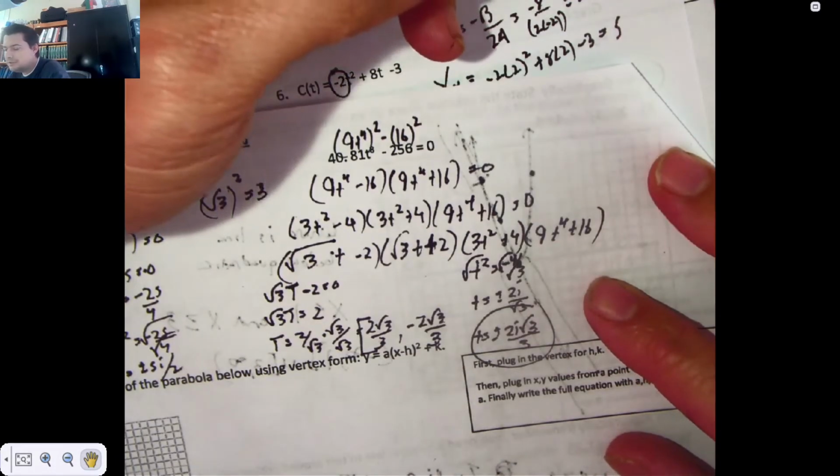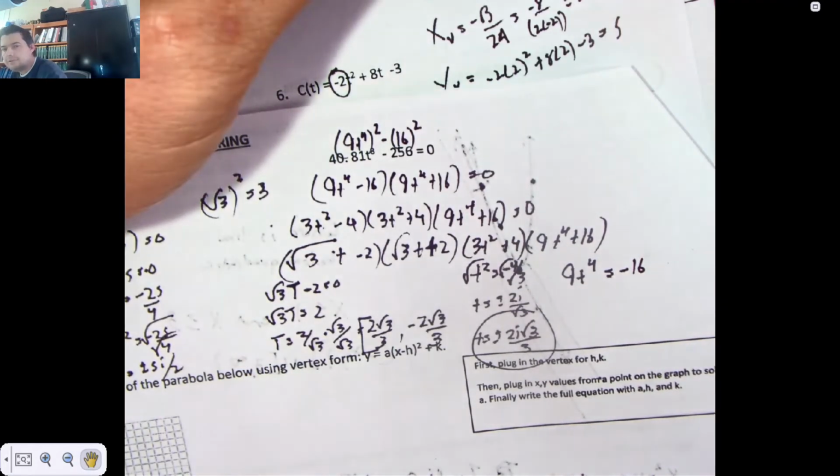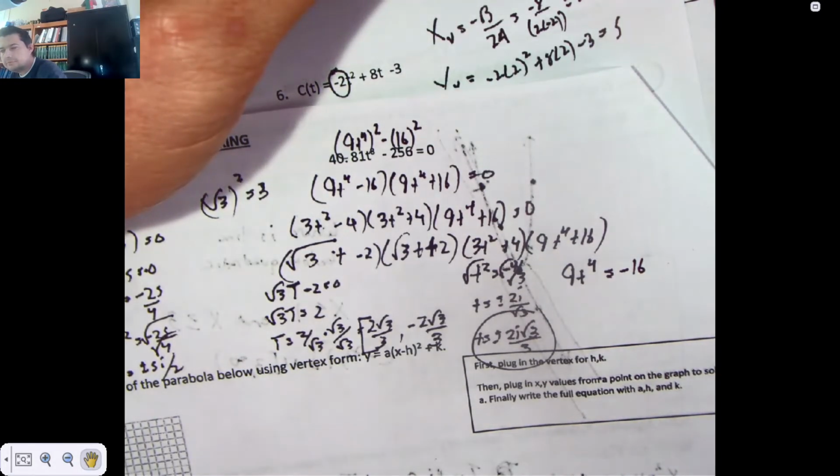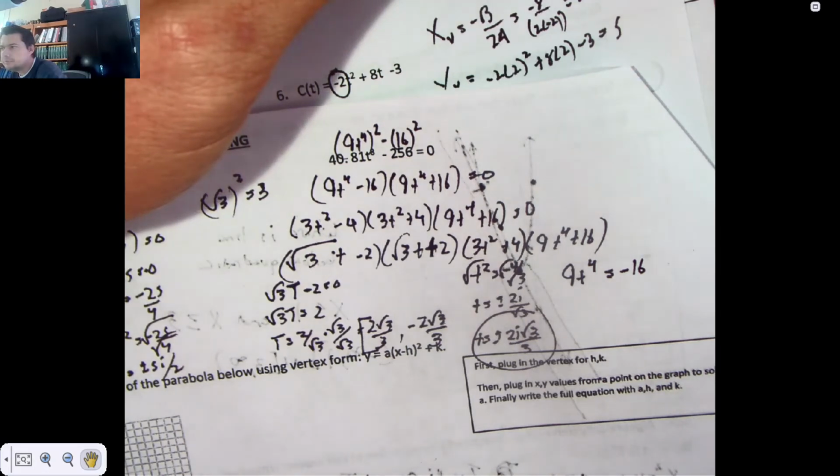9t to the 4th plus 16. 9t to the 4th must be negative 16. This one's going to be kind of interesting. I don't believe it can actually be answered. I'm trying to think how to answer it.